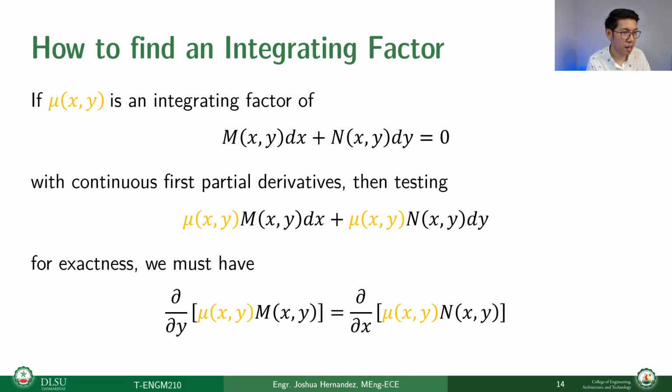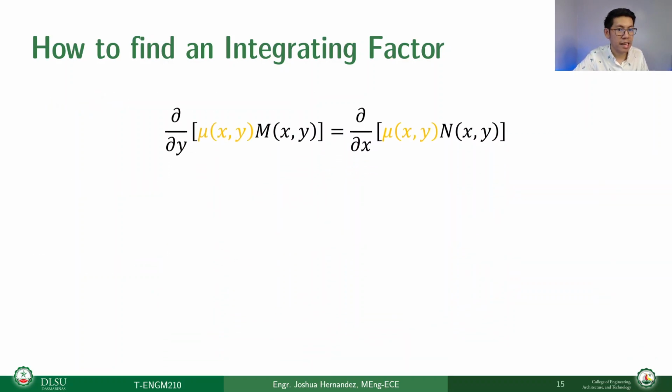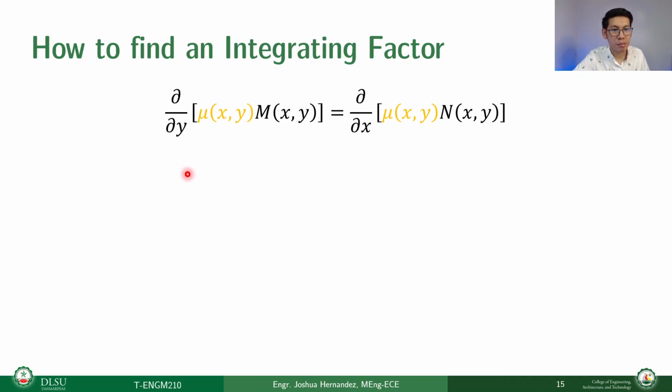And how do we do that? Of course, by multiplying our integrating factor mu(x,y) to the whole equation, and then testing for exactness of the two. We're going to produce a function by taking the same equation and differentiating these two factors inside.